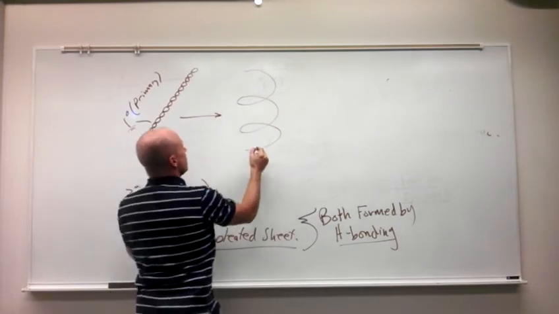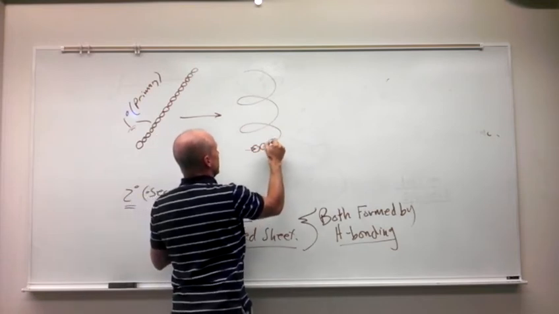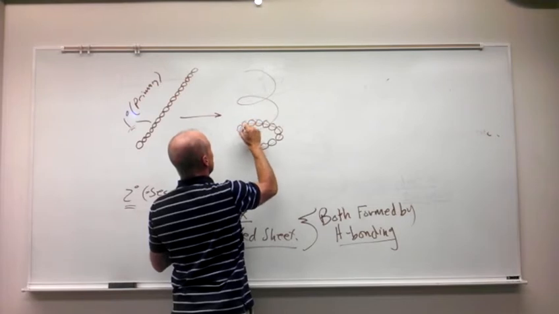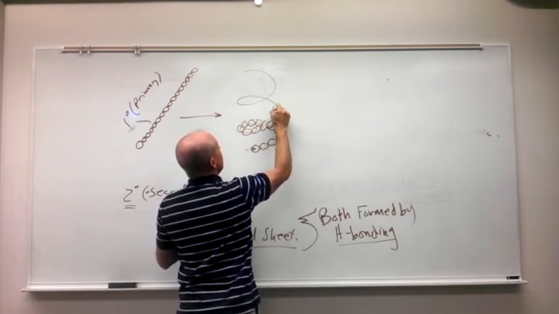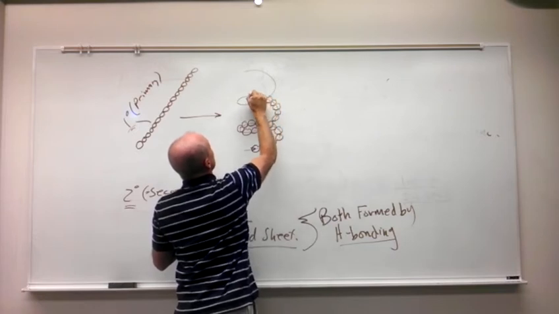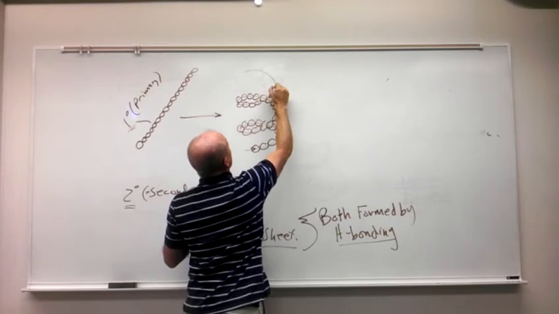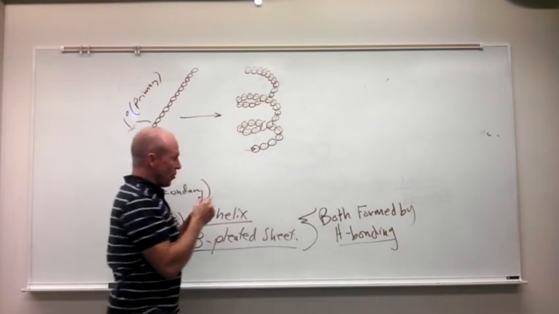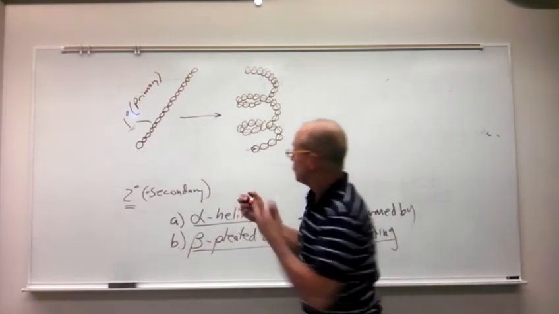So if I draw the line this way first, I can then start to fill in with my little peptides, looking kind of like this. Of course, those ones go over, and so on and so forth. If you take a look at a picture in your book, we're just going to be kind of abstract with these.